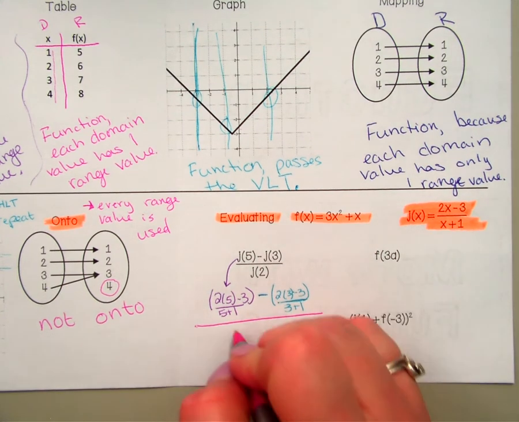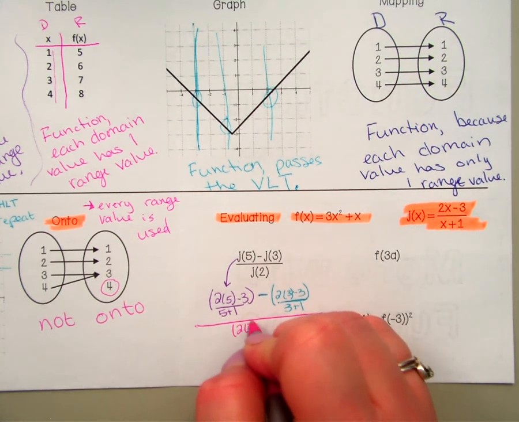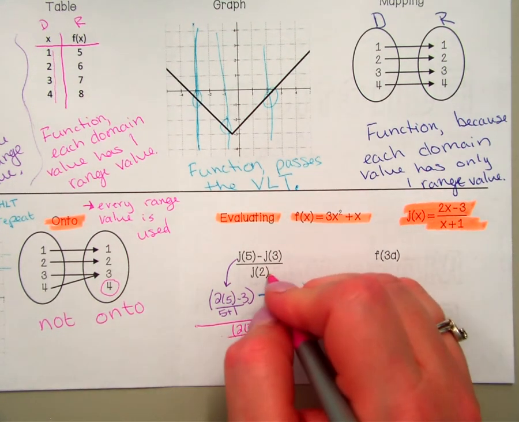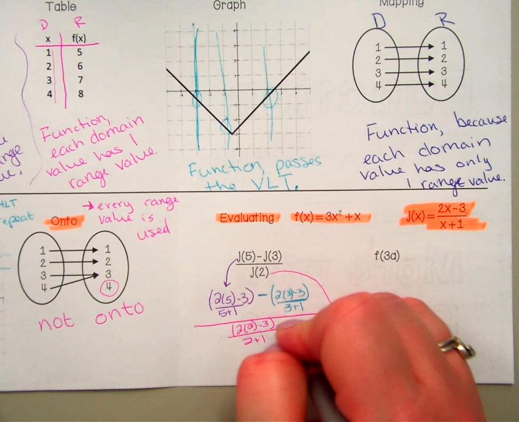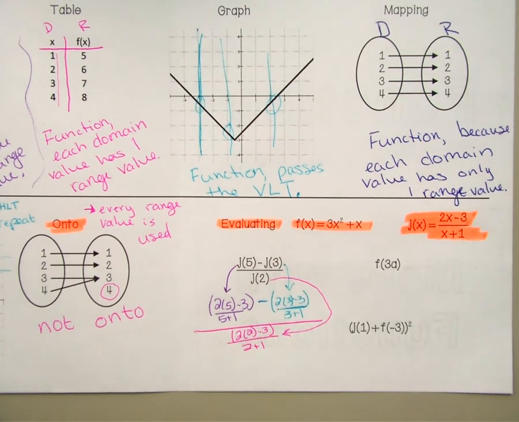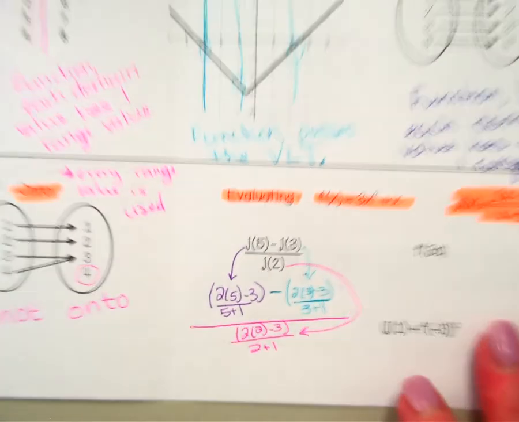And then my j of 2 would be 2 times 2 minus 3 over 2 plus 1. There's my j of 2. This is my j of 3. So I'm plugging in a 5, plugging in a 3, and plugging in a 2. I'll zoom in a little bit more so you can see that better.